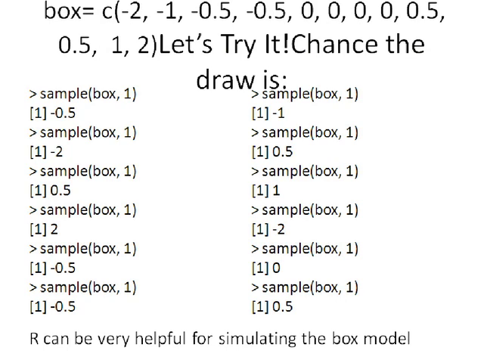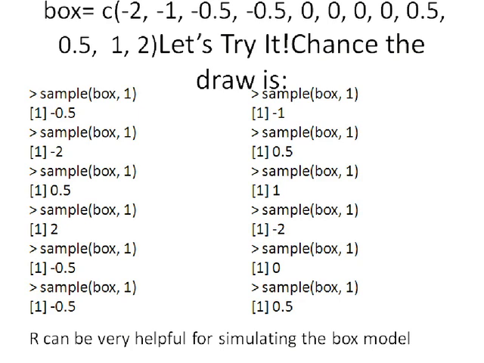You could say box equals c, for concatenate or combine. I combine all those numbers, and then when you type in sample box comma 1, it draws a sample of 1 from that box. Every time we're drawing a different 1. So this is a way to simulate data in R.